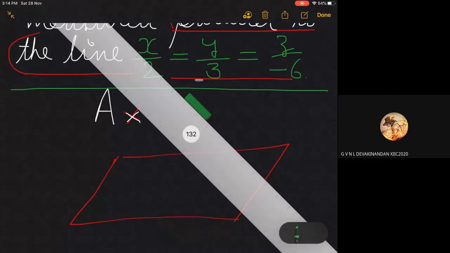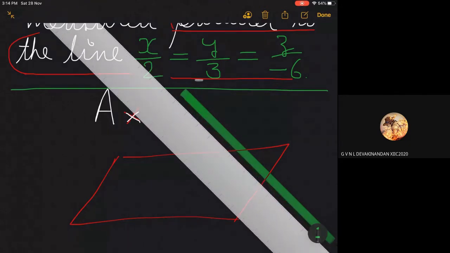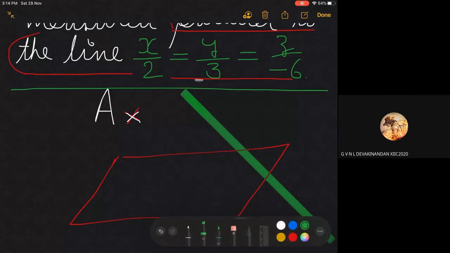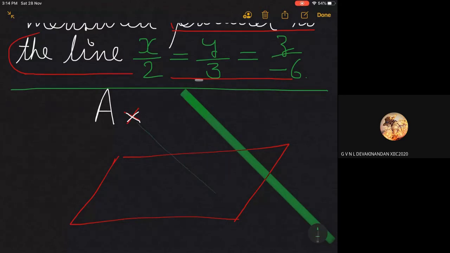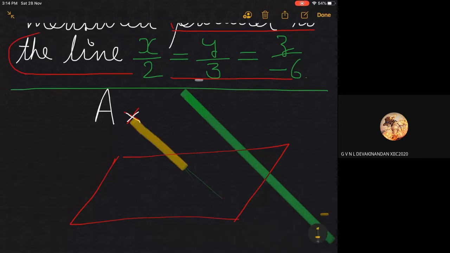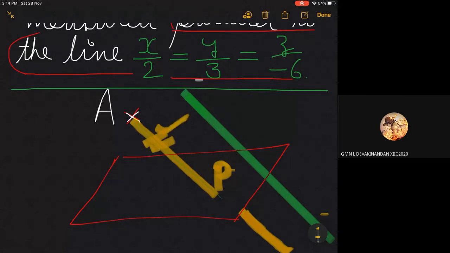This was the equation of the line, but we have to find the line along which distance is measured parallel to this line. So I'm just using another color for that. This is the one line which is parallel to this, and this point is P, and we have to find out this AP. So we have to start with the line which is passing through A and P.